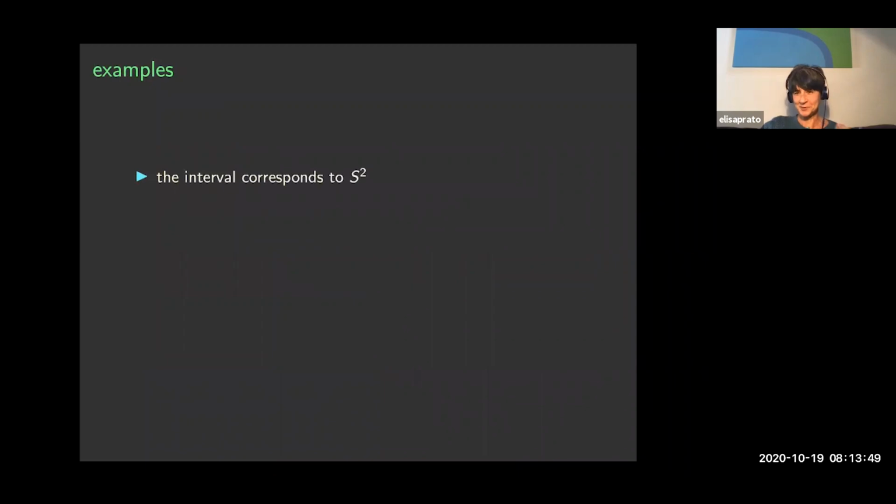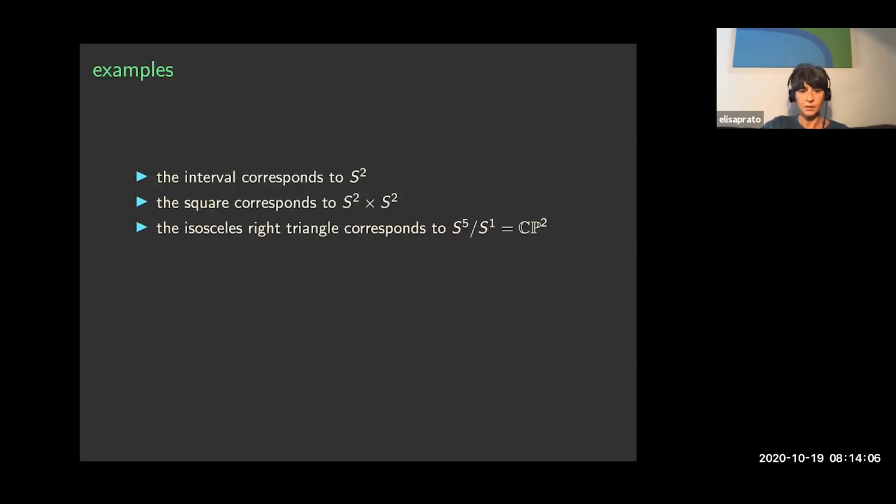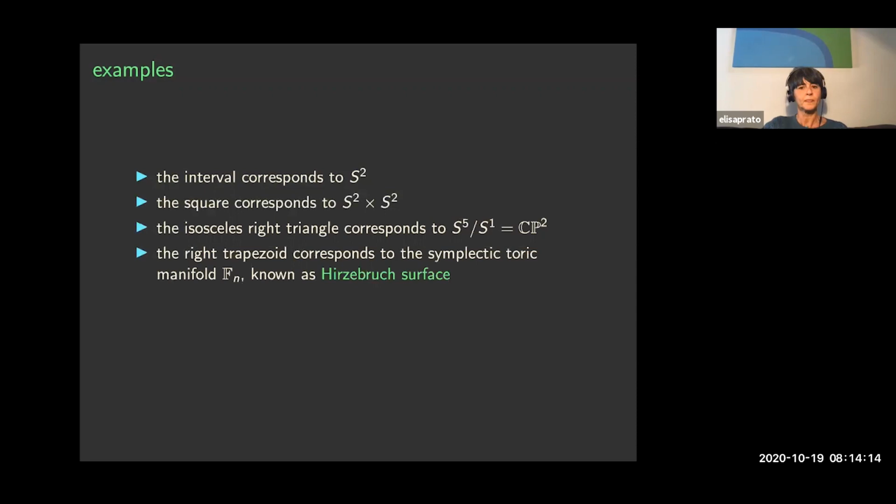So some examples, let me go back to the examples of smooth polytopes that I listed earlier. We start with the unit interval. It corresponds to S². The square corresponds to S² × S². The isosceles right triangle corresponds to S⁵ mod S¹, which is CP². And the right trapezoid corresponds to the symplectic toric manifold that is known as Hirzebruch surface, which we denote by F_n.